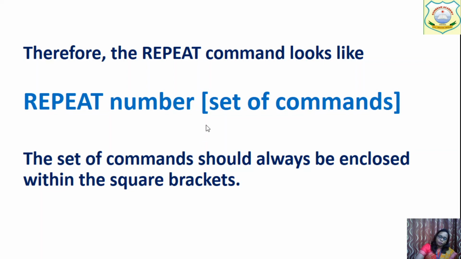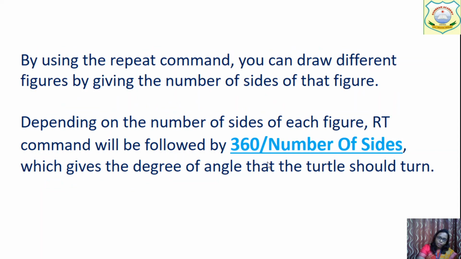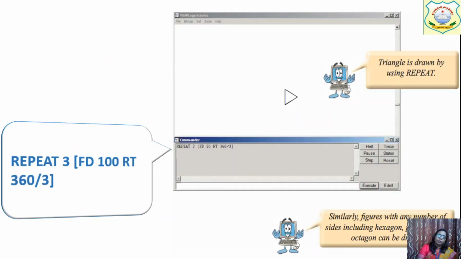Now, depending upon the number of sides of each figure, RT command will be followed by 360 divided by the number of sides. This is the degree, how much RT will turn the turtle. See, for a triangle we have 360 divided by 3. 3 is the number of times you want to repeat the command.